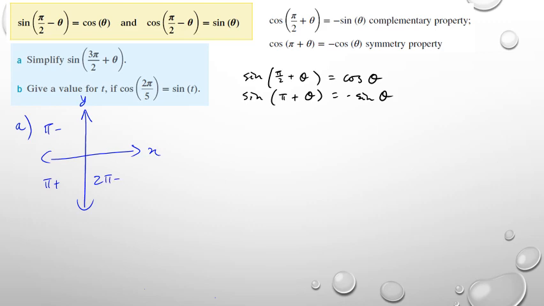Now, 3 pi on 2 plus theta is really in this region. So we want to rewrite it so that it's 2 pi minus some angle. Now, we can't simply just write 2 pi minus theta, unfortunately. So I'm just going to temporarily change this to pi's.